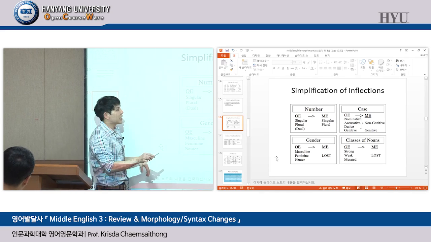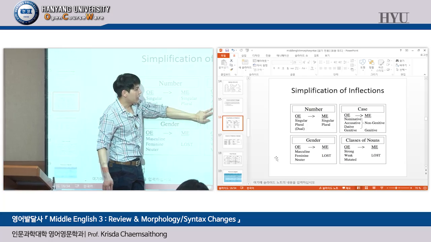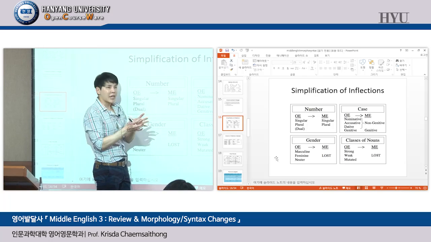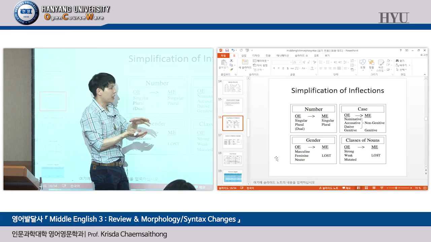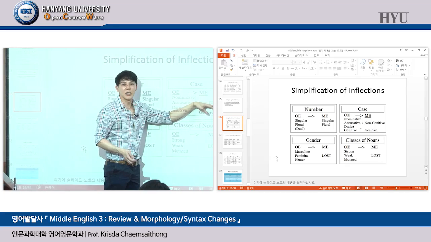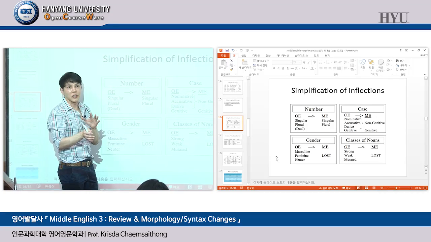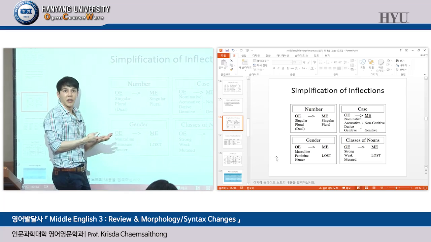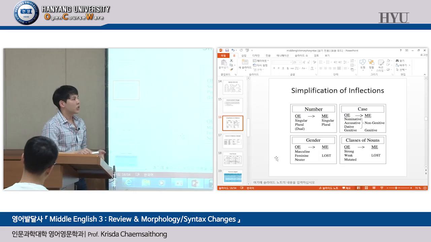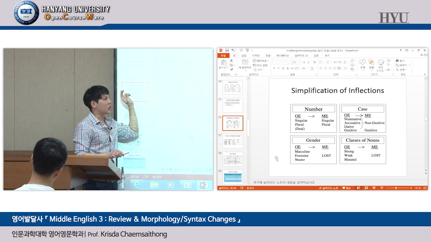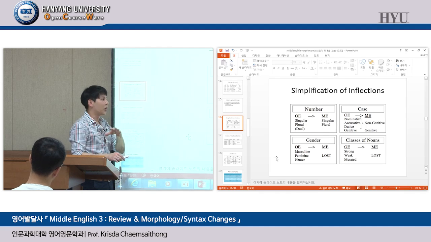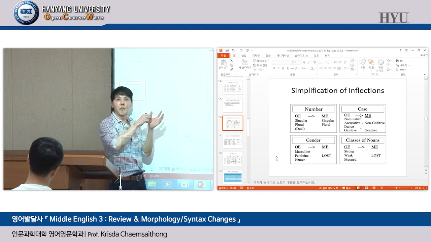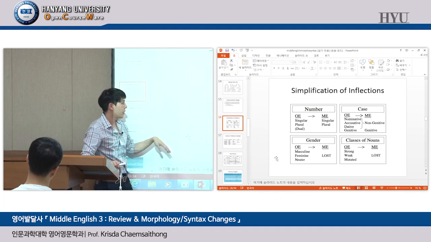So nominative, accusative, and dative fall under the same category. So we have non-genitive, in other words, not marked. And then genitive remains because genitive is important. You want to indicate possession. So we have two cases, non-genitive and genitive, in modern English, in terms of marking.